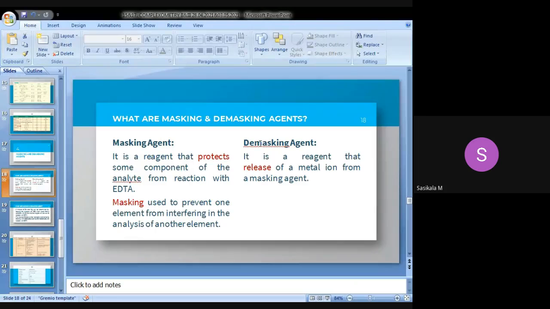It will remove the masking of magnesium. Now magnesium will be released in the solution for titration with EDTA. Likewise, the metals will be masked and demasked accordingly for the better titration process. So masking and demasking agents are used during complexometric titration. Okay, got it?